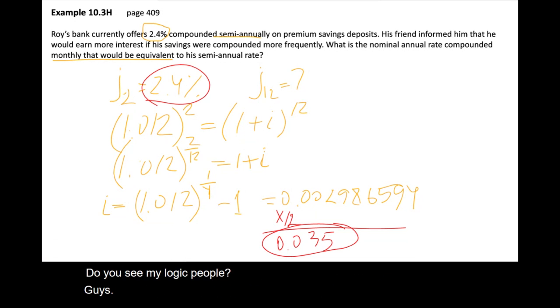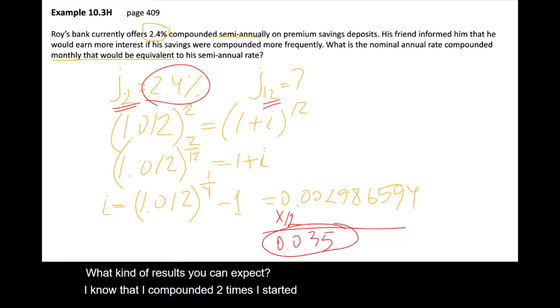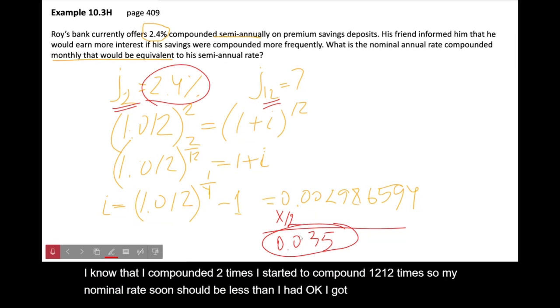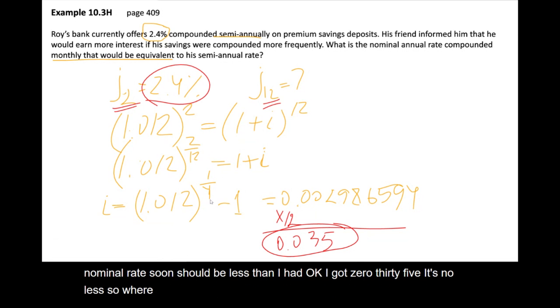Do you see that logic? Okay, so always keep in mind what kind of result you can expect. I know that I compounded 2 times, and I started to compound 12 times, so my nominal rate should be less than what I had. Okay, I got 0.35. It's not less. So where did I make a mistake?